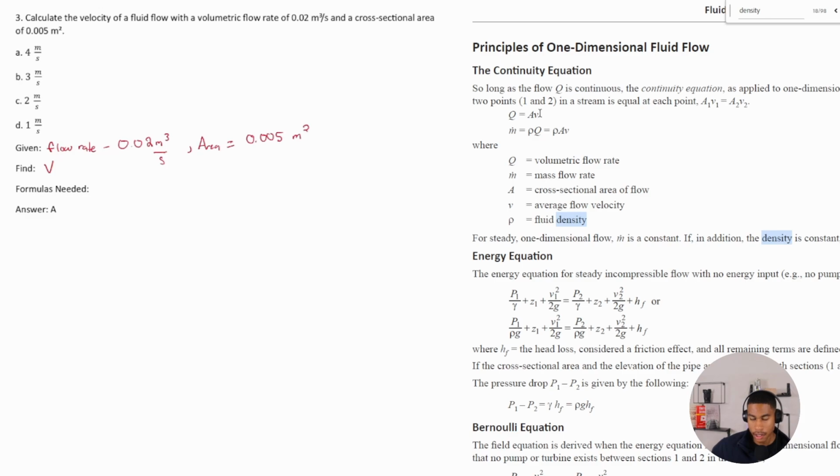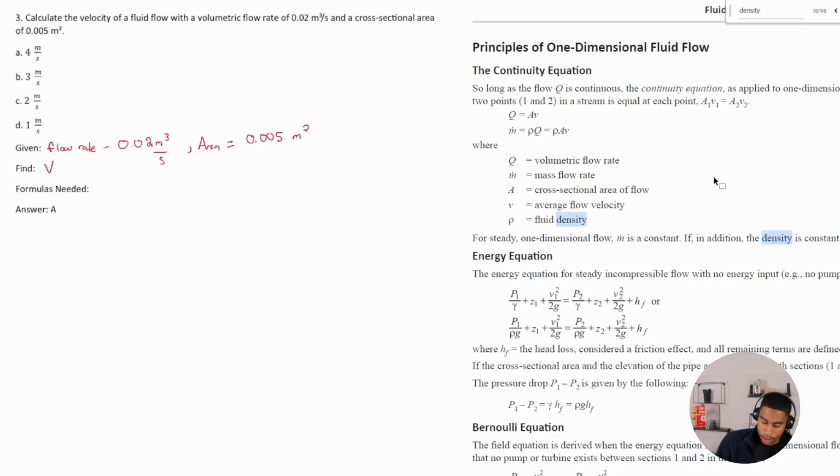where A is our cross-sectional area of flow, which we have. And Q is the volumetric flow rate. So the last thing we need is going to be our velocity, which should be in meters per second once everything cancels.